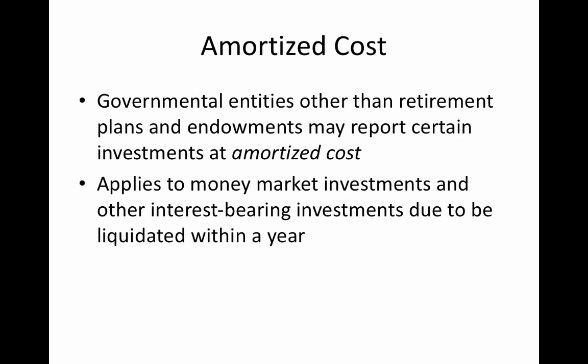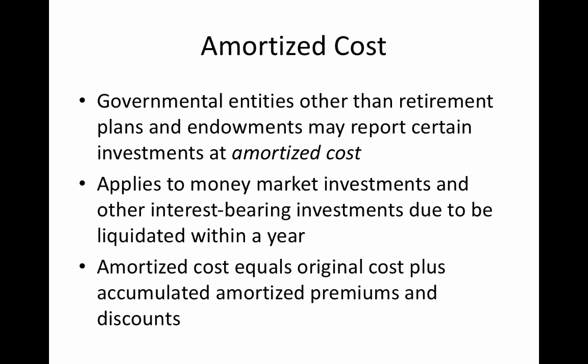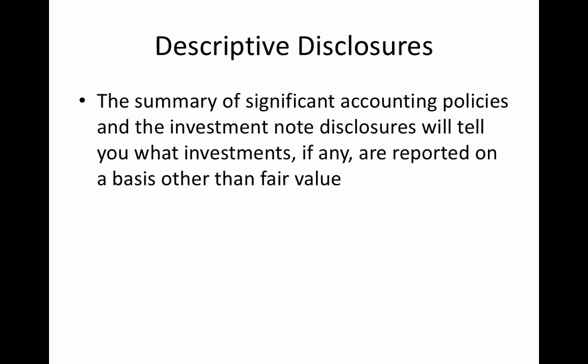So the government has an option to report those at amortized cost, which essentially is the original cost of the investment plus an accumulated amortized premium or discount. The government will disclose to you in either the summary of significant accounting policies or in the investment disclosures any investments that are being reported at amortized cost.